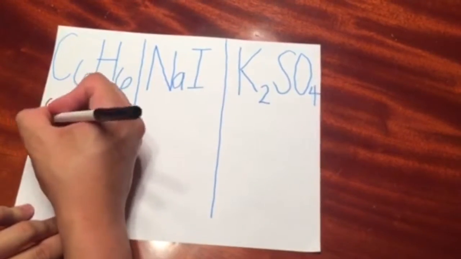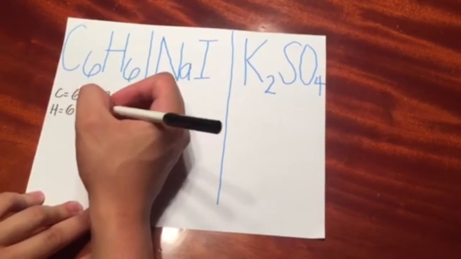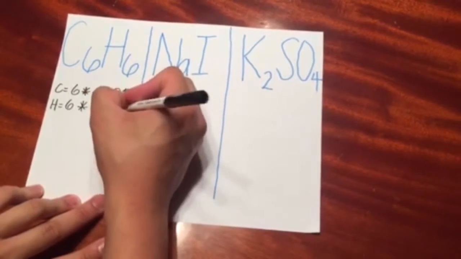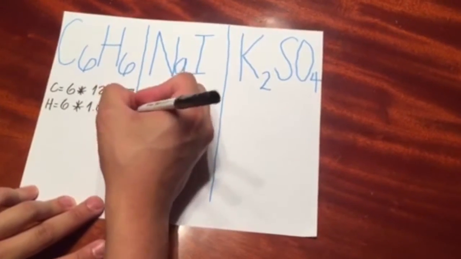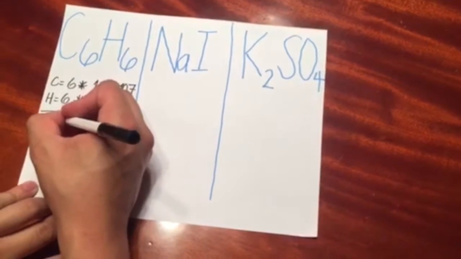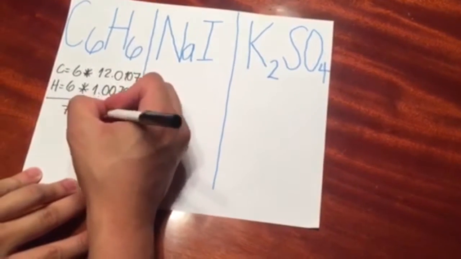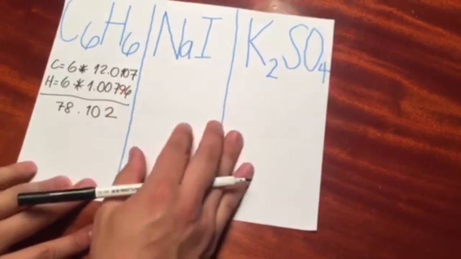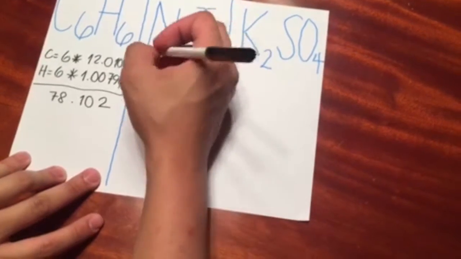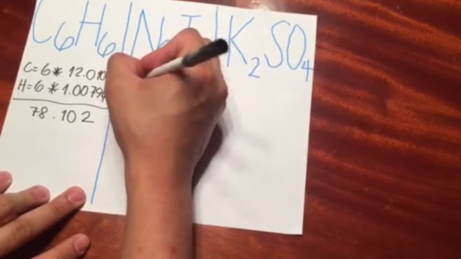Then hydrogen, that also has 6, you multiply it by 6, and its mass is 1.00796. You add them, and that would give you 78.102.